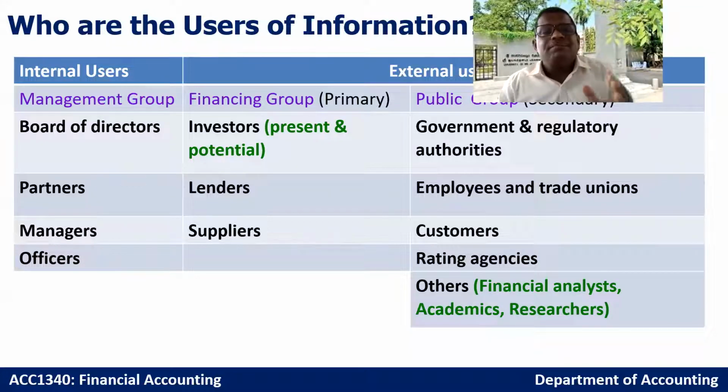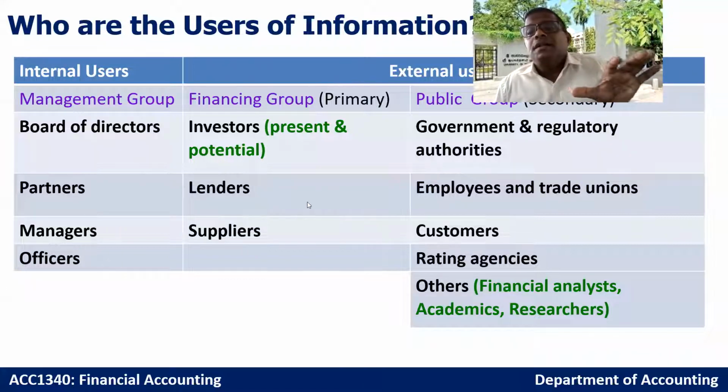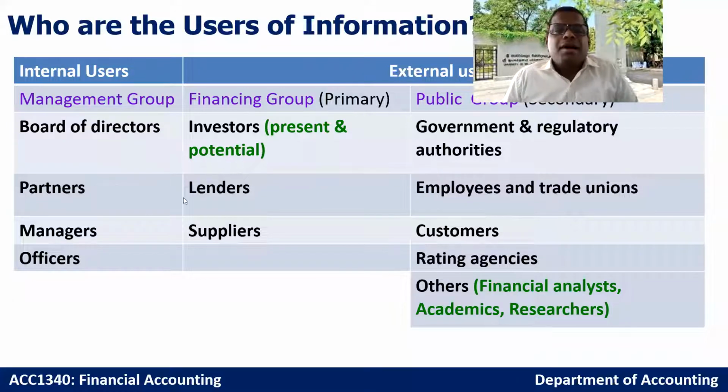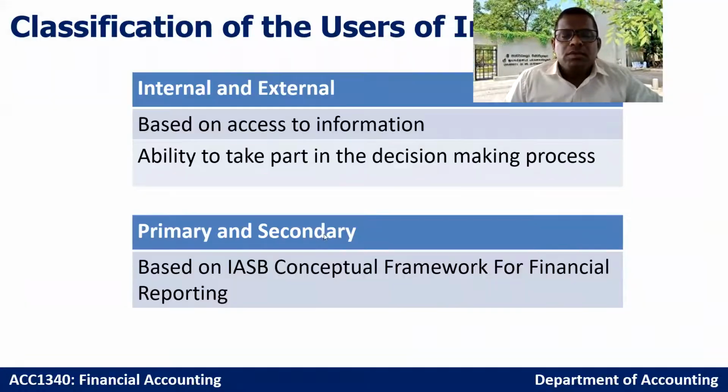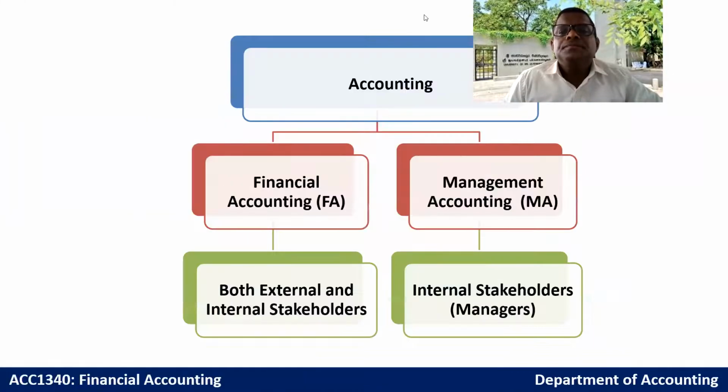But we know that for tax purposes they prepare financial statements, of course, for partnerships and private limited companies. So owners in general, you can put here, no problem. I think I answered your question.